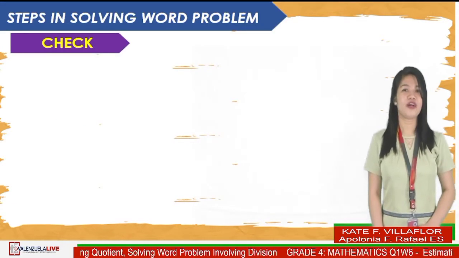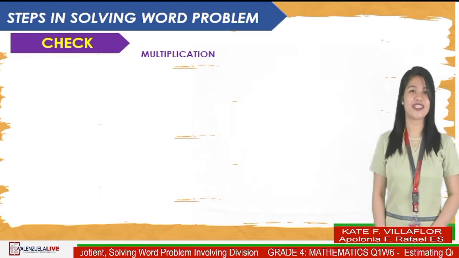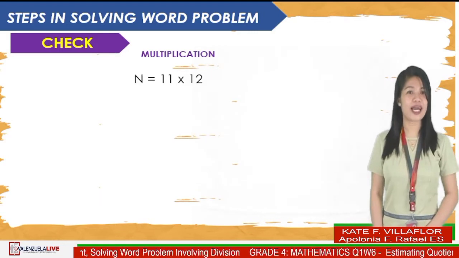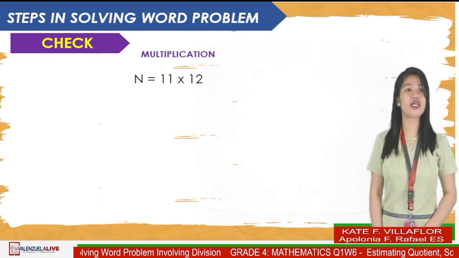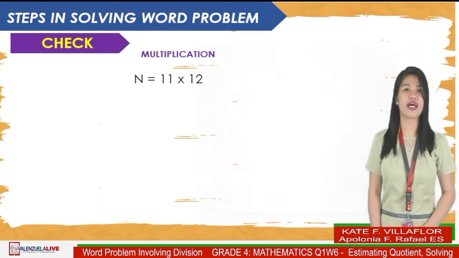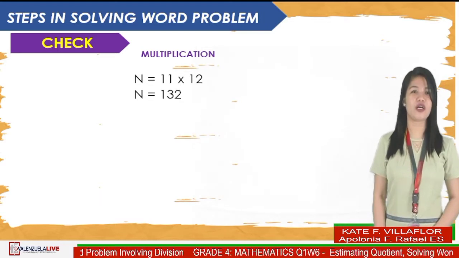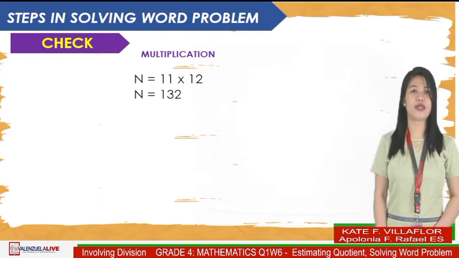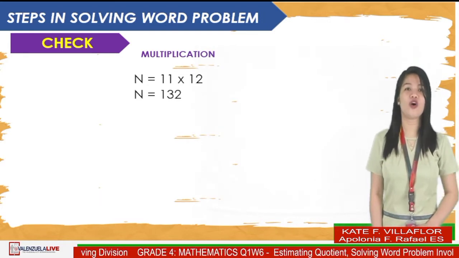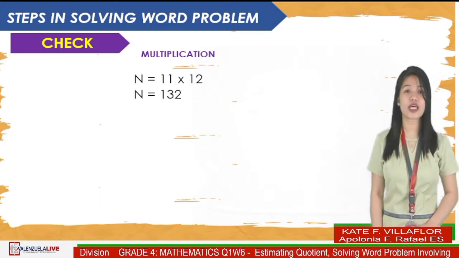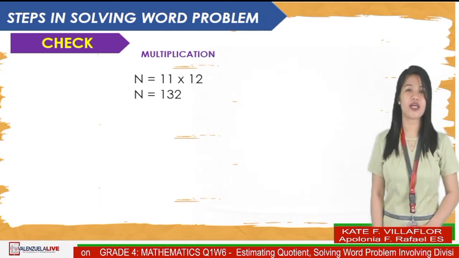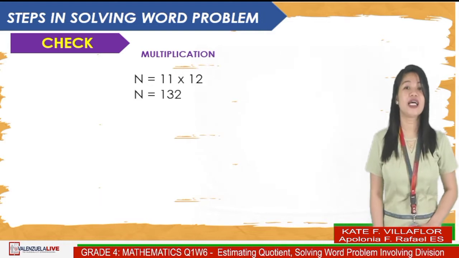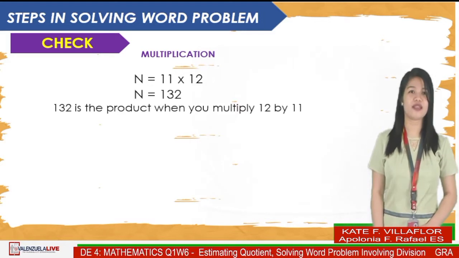Let's have this checking. We're going to multiply the divisor and the quotient. Let's multiply 11 times 12, which is equal to 132. Remember, to check, we're going to multiply the quotient and the divisor, and the answer will be the dividend of the given.